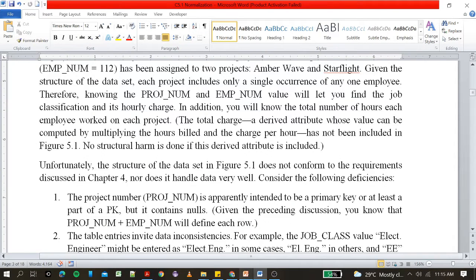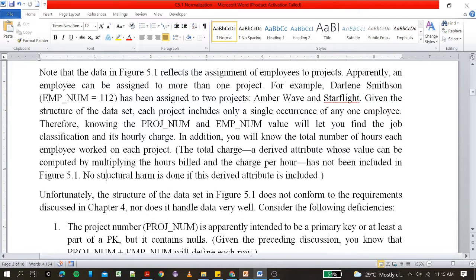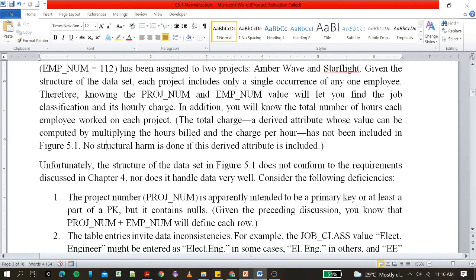No structural harm is done if this derived attribute is included. So, unfortunately, the structure of the data in the figure that I am discussing above does not conform to the requirements discussed in Chapter 4 with regards to the data anomalies and data redundancy problems. Nor does it handle data very well.